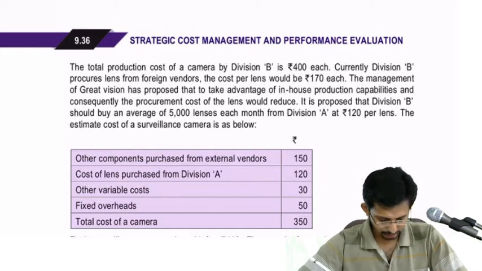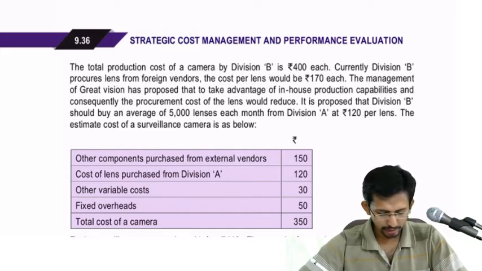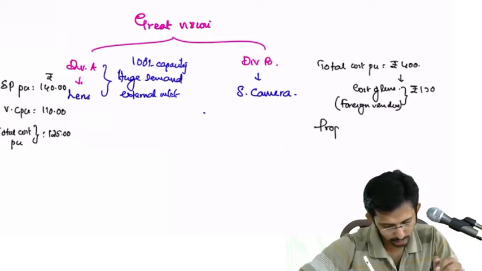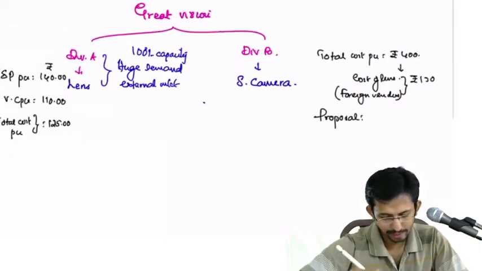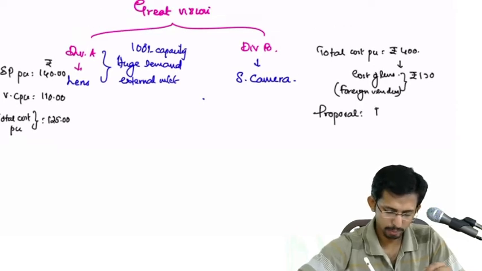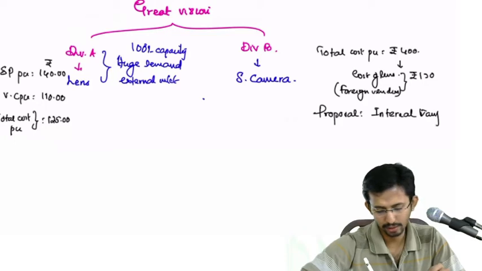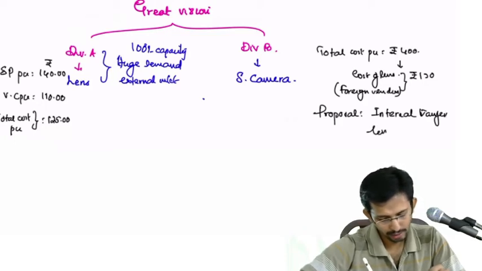It is proposed that Division B should buy an average of 5,000 lenses each month from Division A at rupees 120 per lens. So what is the proposal? The proposal is for internal transfer of lenses.